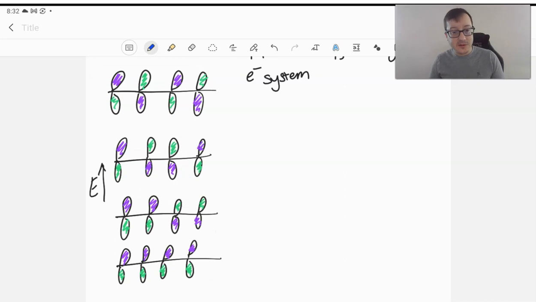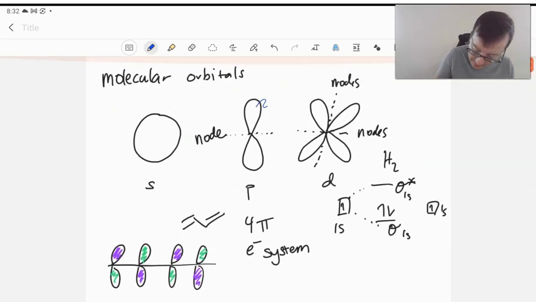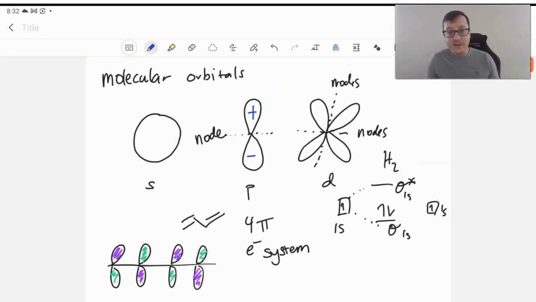If we start with the lowest one, at a node, we're going to see the phases of the p orbitals switch. So if you remember, p orbitals have essentially a phase to them. This is just a mathematical ability of them to either combine constructively or to combine destructively.